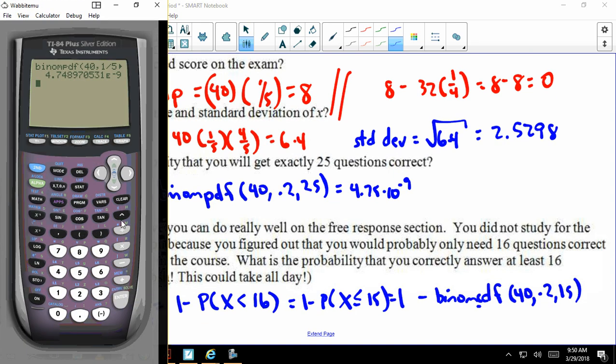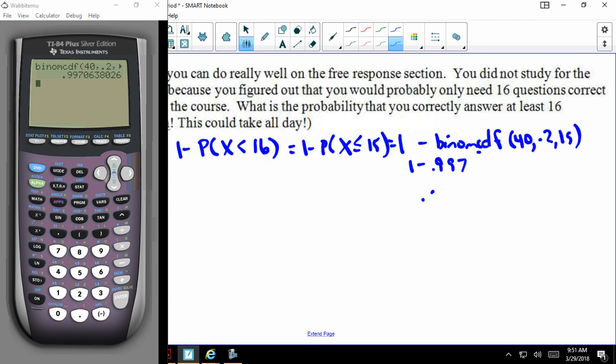So on the calculator, it's distributions, binomial CDF, 40, 0.2, 15. Enter. 0.997. So it's 1 minus 0.997, which is 0.003. So there's a 0.003 chance that you will correctly guess 16 or more questions correctly. Point just being this: your method of studying probably shouldn't be guessing on the multiple choice.